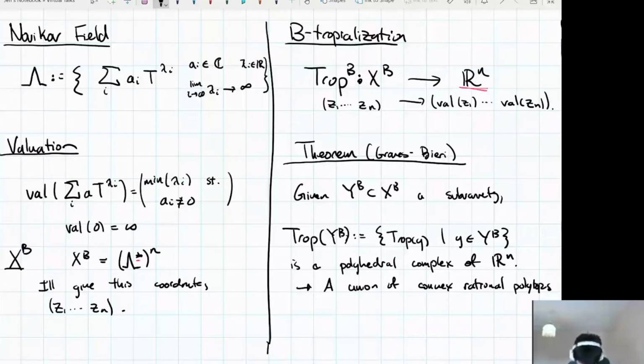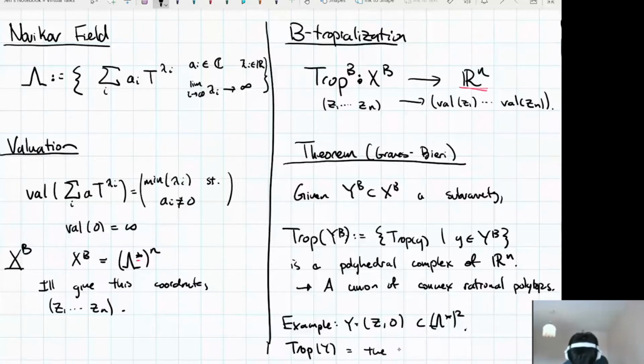So maybe the most baby example that I could look at is if I looked at {z, 0} inside of Λ*², so just the coordinate axis, then the tropicalization of Y would be the line {q, 0} inside of R².